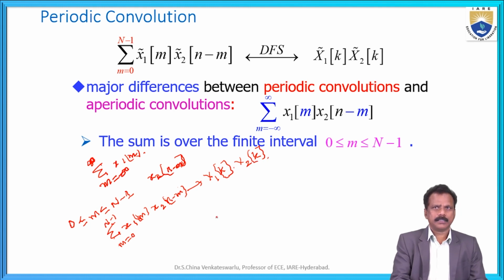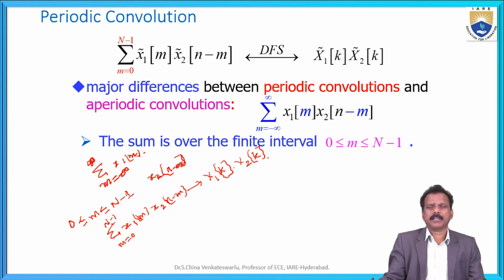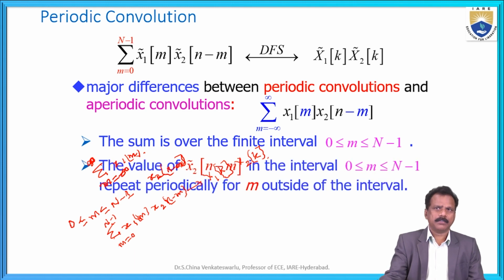The major difference between periodic and aperiodic convolution is that the sum is over the finite interval. We substitute the value of the interval, 0 less than or equal to m less than or equal to N minus 1, and repeat periodically for m outside of the interval.